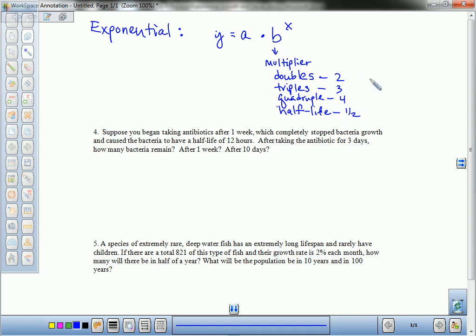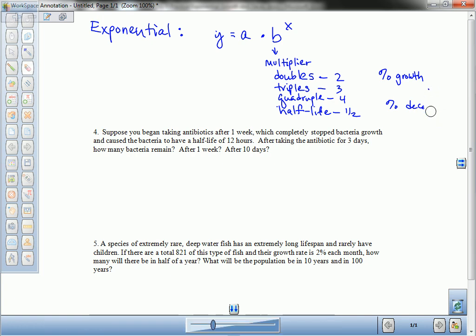Now, we can have another situation with a multiplier where they give us a percent growth or a percent decay or decrease. Anything that's decreasing. So decay, eliminate, things that are getting smaller.